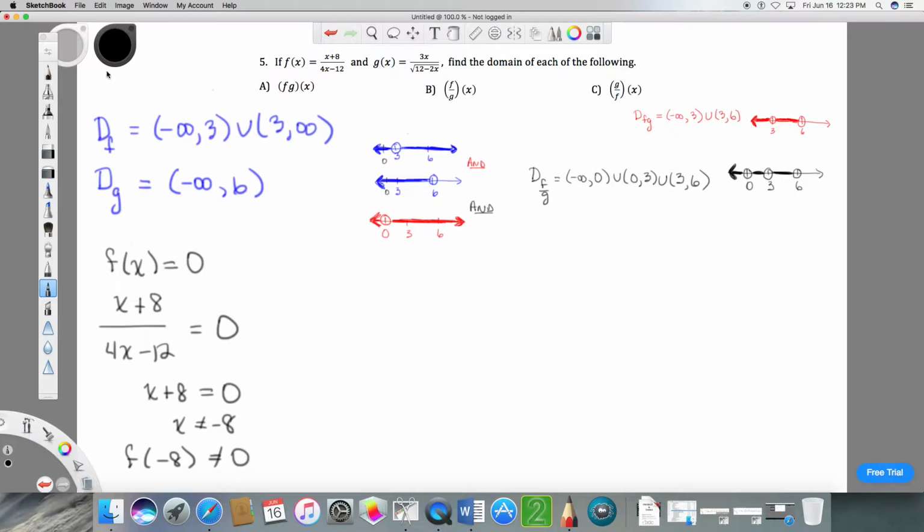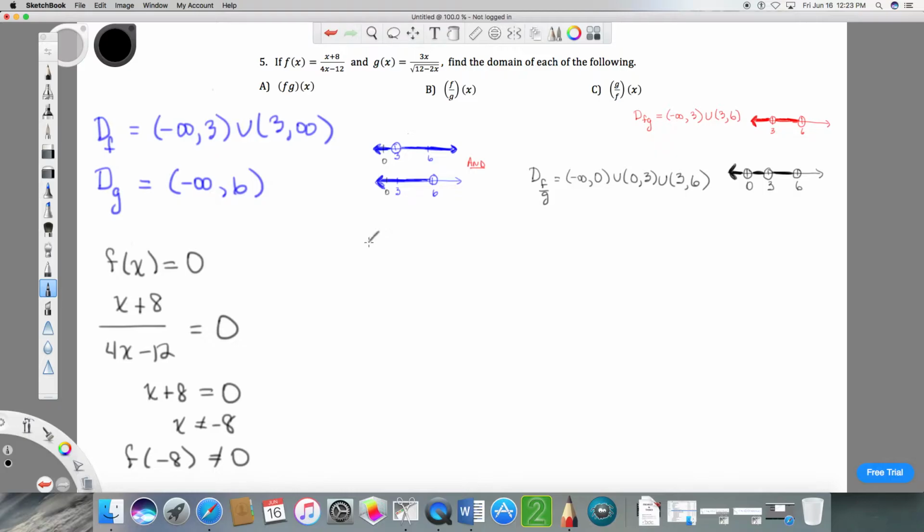Here my picture is getting smaller and smaller over there. I hope you can see it. The domain of F was all real numbers excluding 3. The domain of G was all real numbers that were strictly less than 6.